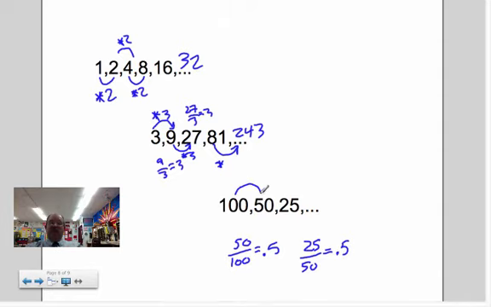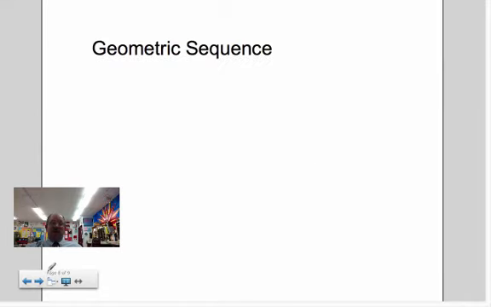So to get my next number, every time, we're multiplying by 0.5. And to get to the next one, we're going to multiply again by 0.5, and so 25 times 0.5 is 12.5, and then I'd have 6.25, and then 3.125, and so forth. Just keep multiplying by half, and we get ourselves a sequence.